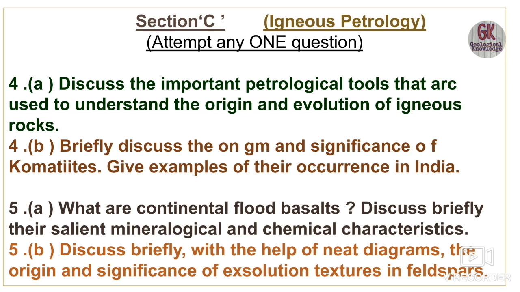Question number 5b, you have to discuss briefly with the help of neat diagrams the origin and the significance of exsolution textures in feldspars. So that is the question given in 5b.